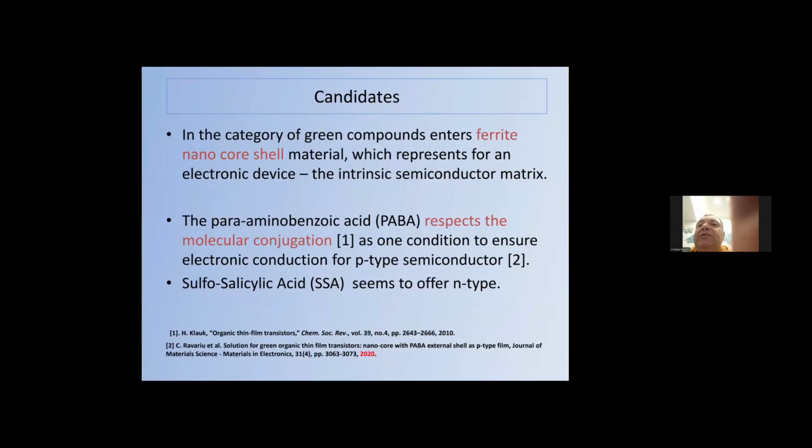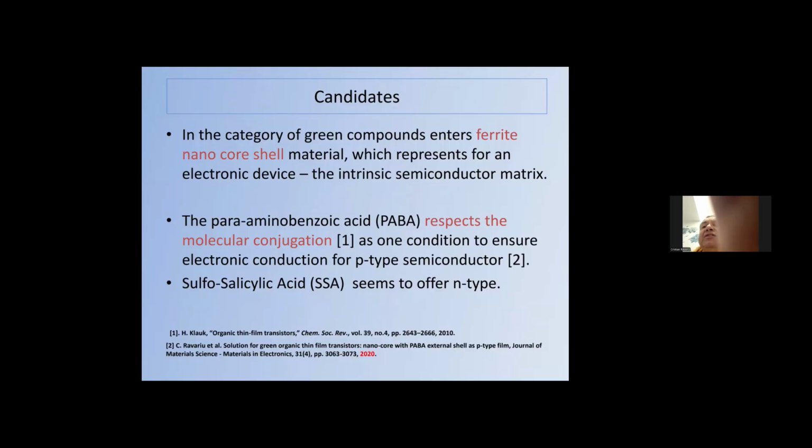In the category of green compounds also enter the ferrite nanocore shell materials, which already represent for electronic devices an intrinsic semiconductor matrix. So only NSA with the core of ferrite has intrinsic semiconductor behavior.